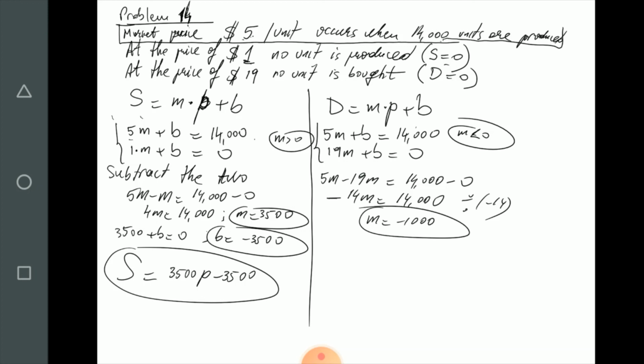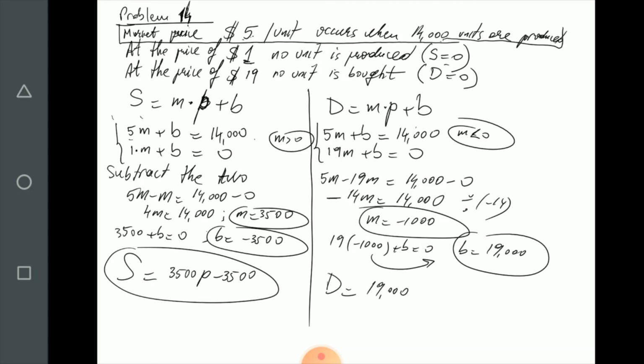Go back to the second equation, for example: 19 times minus 1,000 plus B equals 0. Move it to the right, and B becomes 19,000. So the demand line, if we start with B, is 19,000 minus 1,000 P.